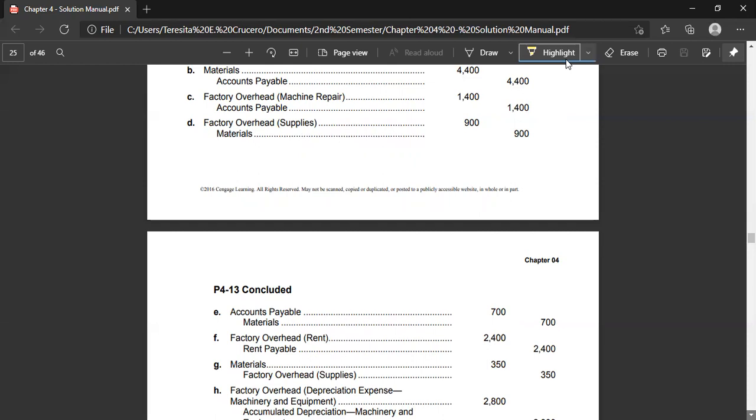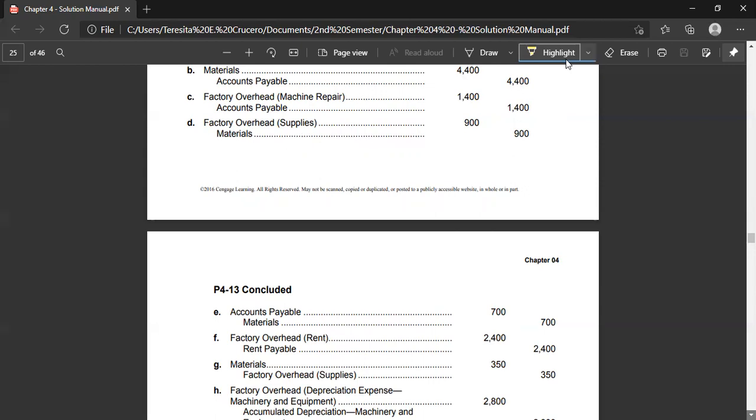So we debit factory overhead rent and credit rent payable. G, return previously requisitioned factory supplies to storeroom. That's related to letter D. The letter D entry will be reversed in the case of letter G.